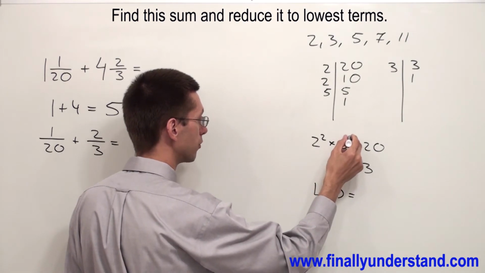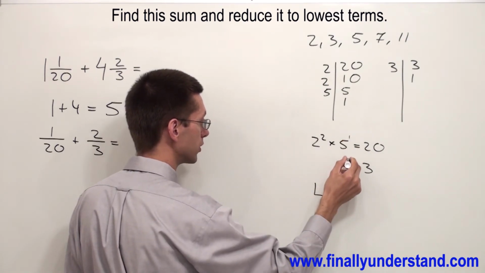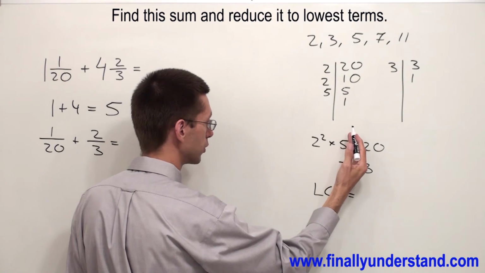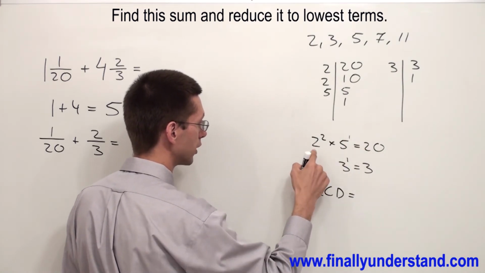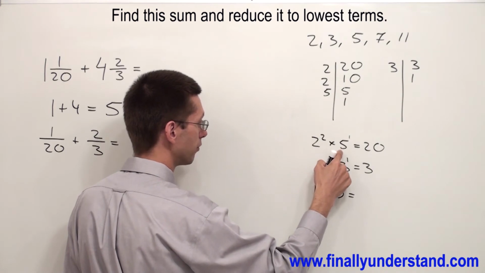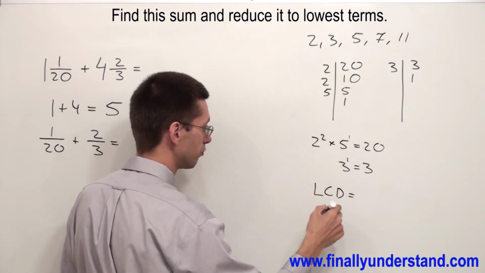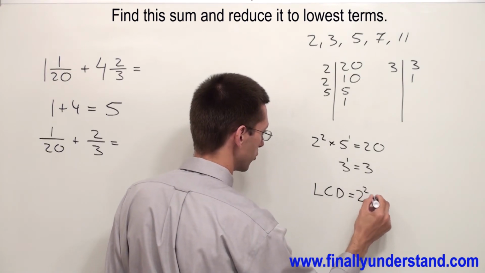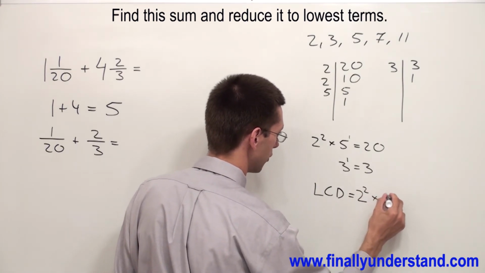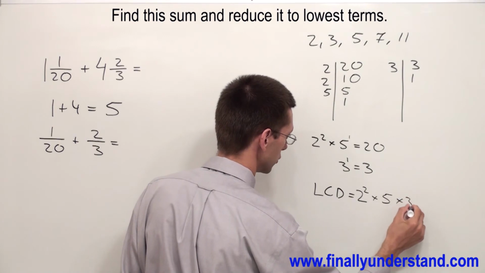Remember, anytime we have no power, there is always an invisible one. We have to always look at the numbers which are on the left side of the equal sign. Different numbers are 2, 5, and 3, and all of them are different, so I'm going to copy all of them. So I have 2 to the second power times 5 times 3.